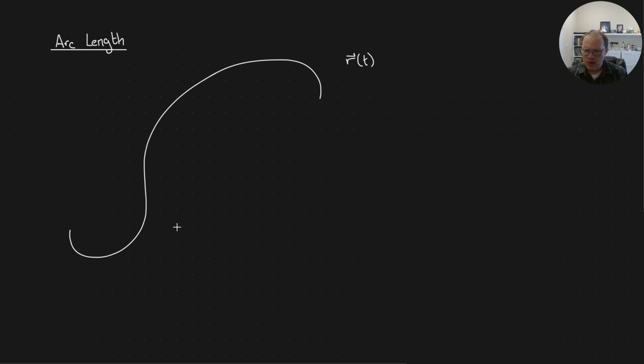So the derivation of a formula for arc length is pretty straightforward if you're comfortable with integration. So the idea here is we use a trick that we often use when we want to use integration with something. Rather than look at all of this at once, we're going to approximate it by a lot of little pieces here.